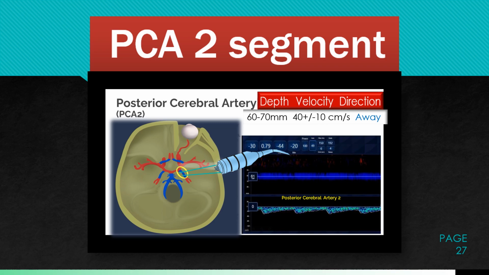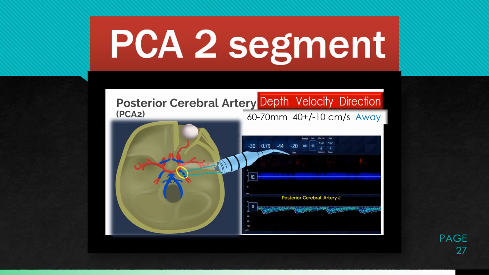The PCA2 segment can be found after isolating the PCA1 segment. Before insonating the PCA1 segment, initially you would identify the MCA ACA bifurcation. After identifying the MCA ACA bifurcation, you'll rotate your probe angle slightly posteriorly and inferiorly, almost as a comma, from the MCA ACA bifurcation to the PCA P1 segment.